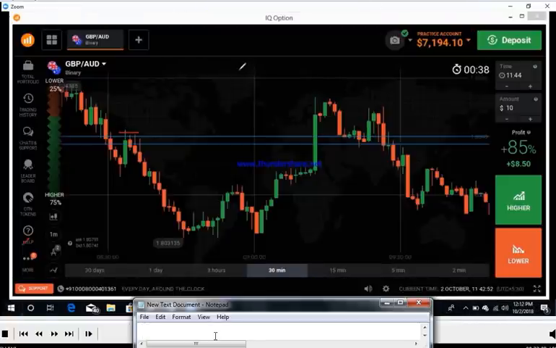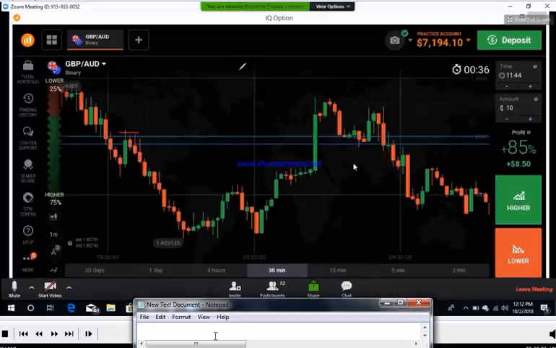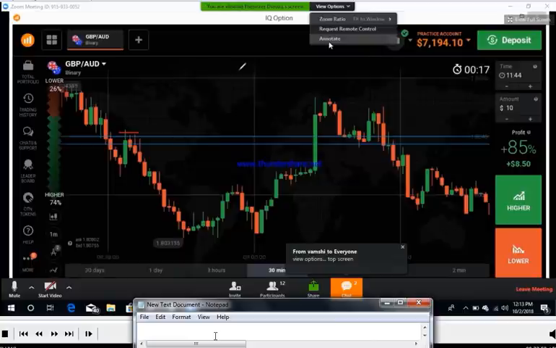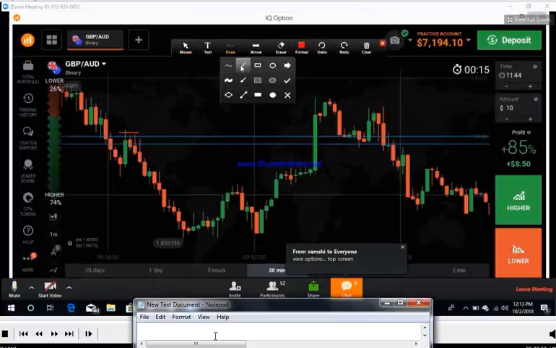I think it is at the bottom of the screen. Bro, I can't find it. It is at the top of the screen, the annotation. Okay, view options at the top of the screen. Bro, got it. Draw.